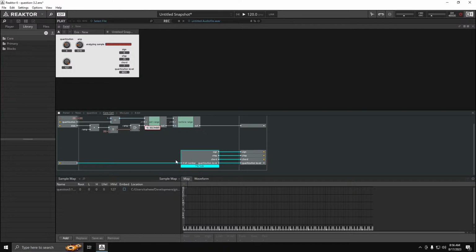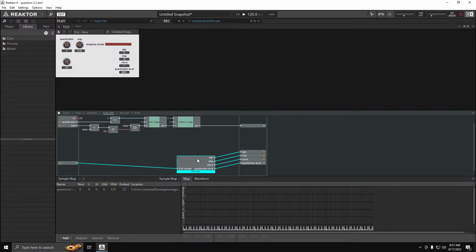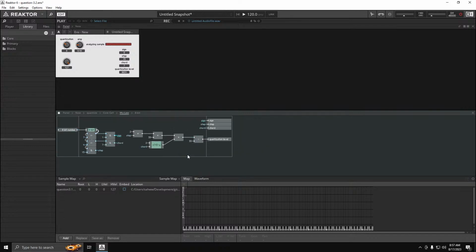Because this doesn't take floating points. And the weird thing is that it says it takes an 8-bit number, but if I scale this by 8191, that's definitely not an 8-bit number. That's why I question if I should have this here.